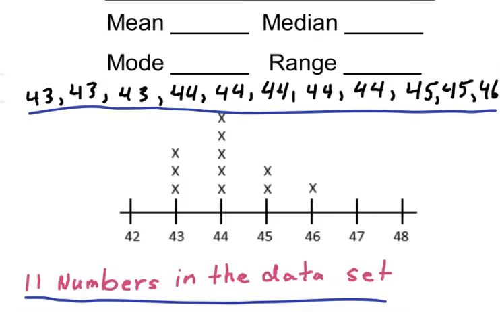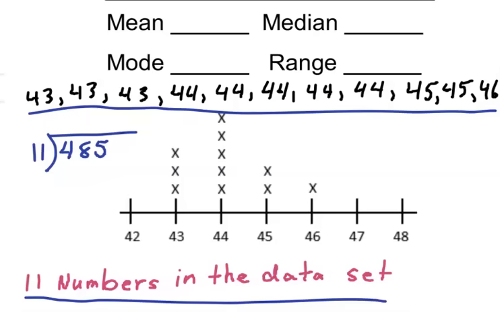So 485 is the total if we add them up. But to find the mean or the average, we have to divide that by the 11 numbers. If you take 485 divided by 11, you're going to end up with 44.0909. It just keeps going.